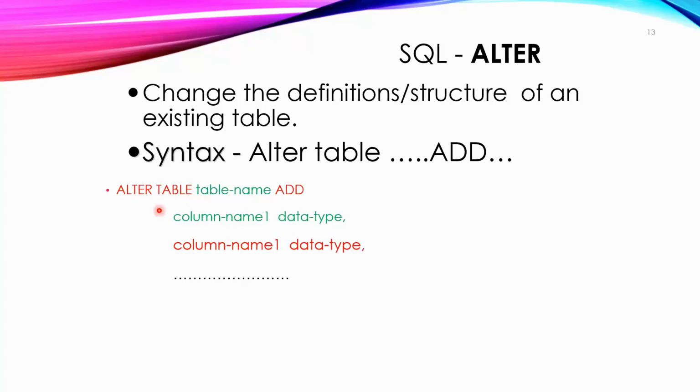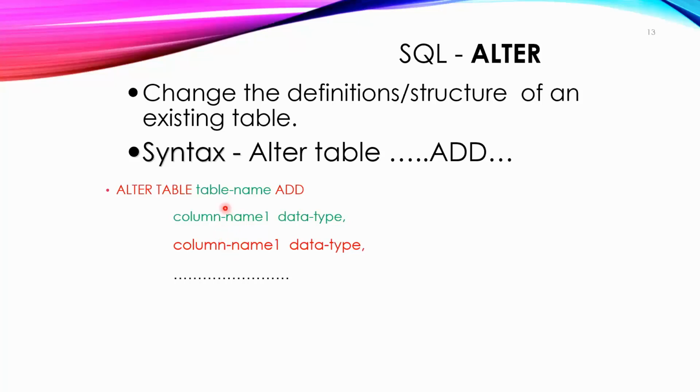For example, here you can add columns to an existing data table. How to do that is, you can write alter table and give which table you are going to change and what columns you are going to add to that table, right?